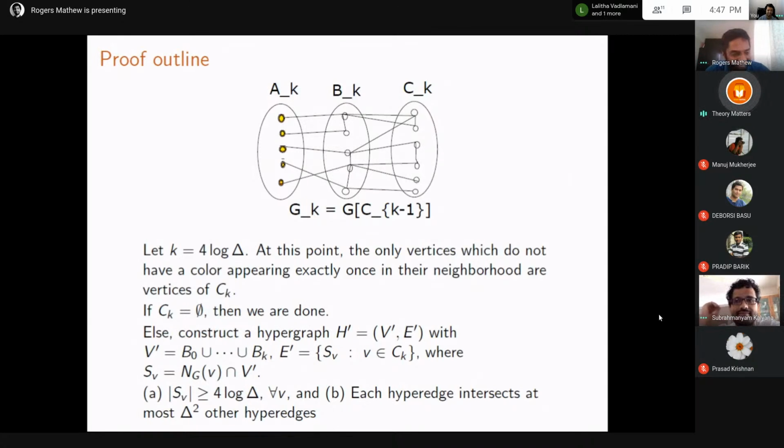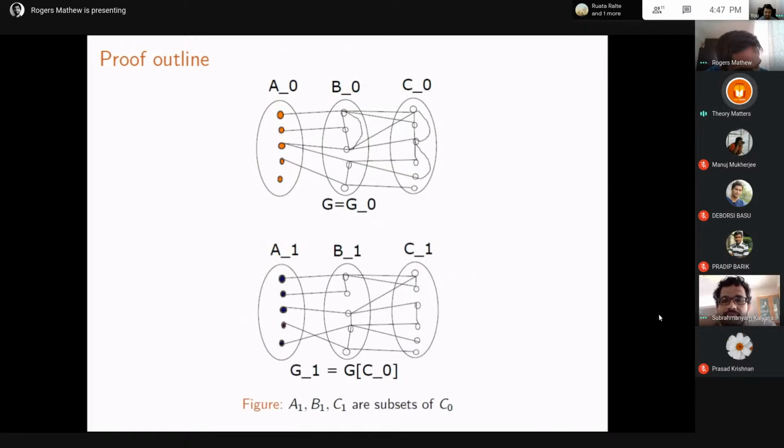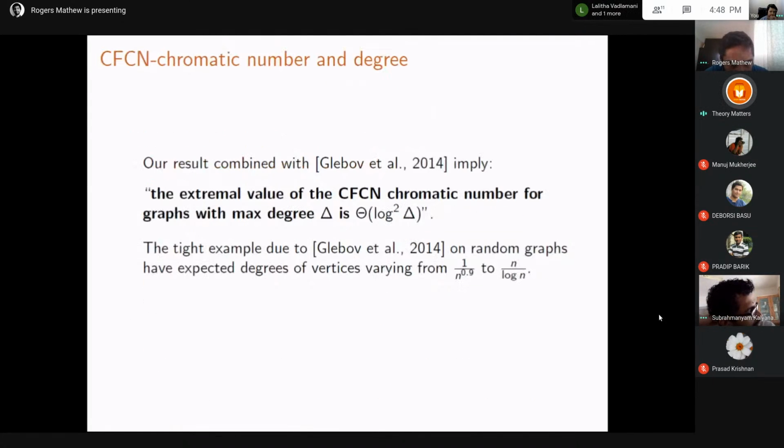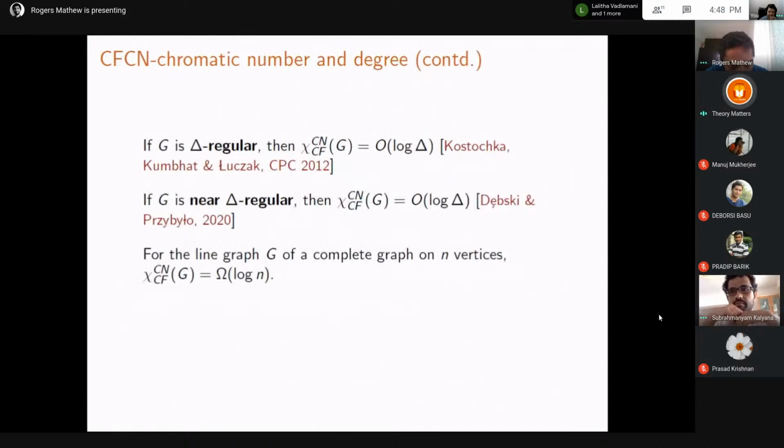Actually, I'm going to take the opportunity to ask another question here, if you don't mind. Sure. At the end, you mentioned the line graph idea, right? I'm not from this area, so this question may be a little silly, but let me take a shot at it. The way I understand it, edge coloring and vertex coloring can be seen as duals via some kind of line graph construction.